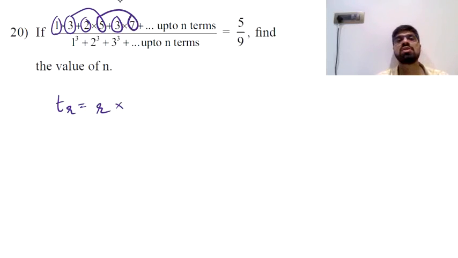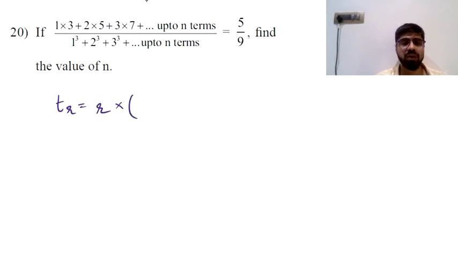The second element of every term is forming an AP, with the first term being 3 and the common difference being 2. So the rth term will have your second element as 3 plus (r minus 1) into the common difference, which is 2. So this will be 3 plus 2r minus 2, and that makes it 1 plus 2r.